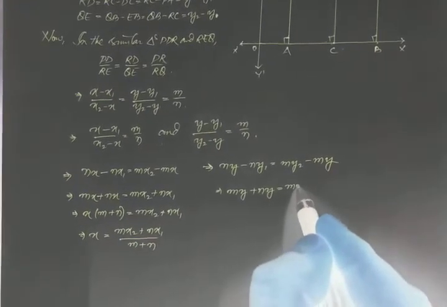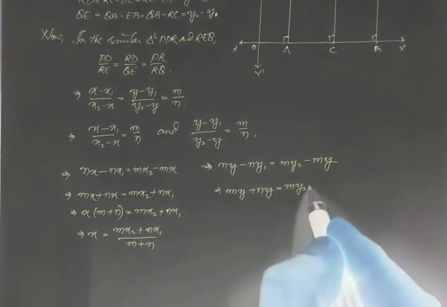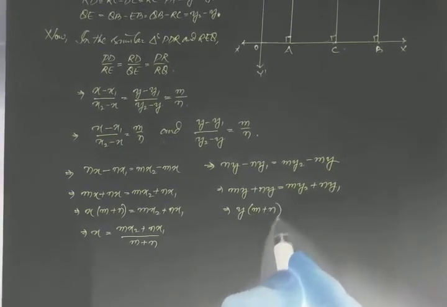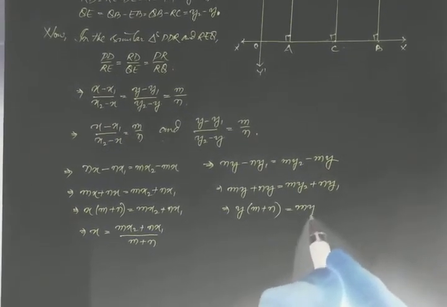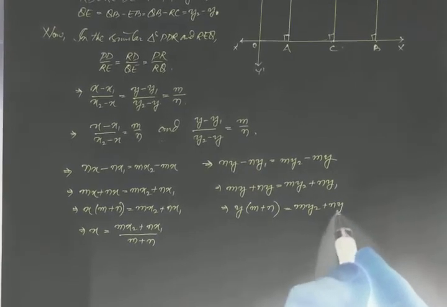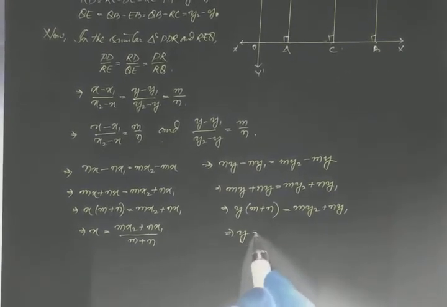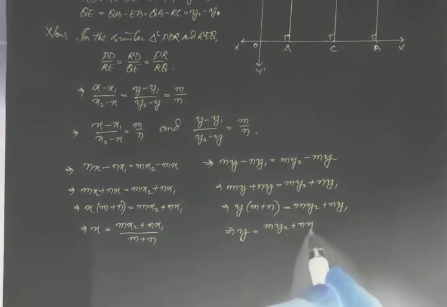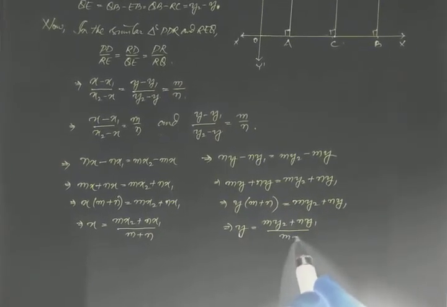We have my2, putting this to the right, plus ny1. Taking y common, (m plus n)y, which is equal to my2 plus ny1. So y is equal to (my2 plus ny1) divided by (m plus n).